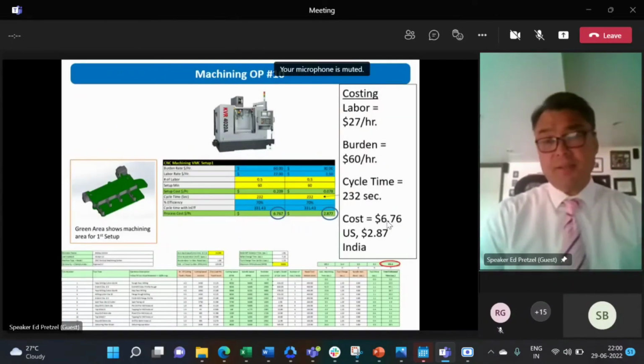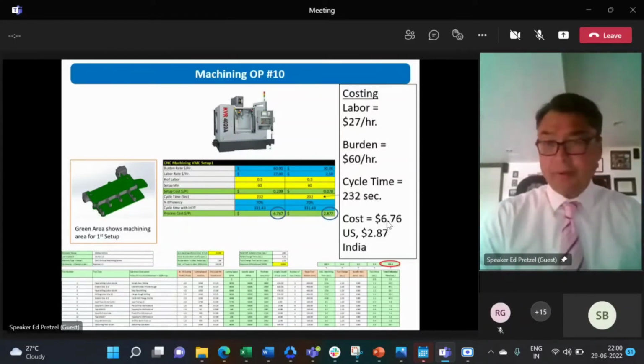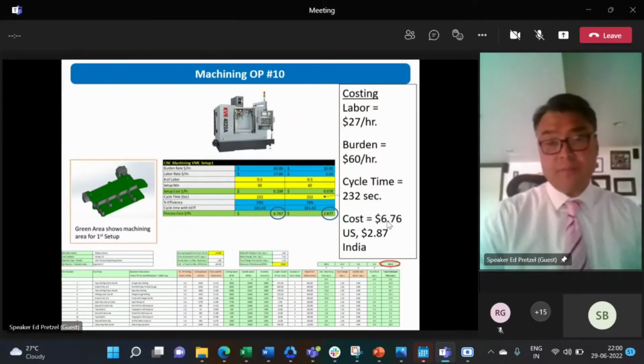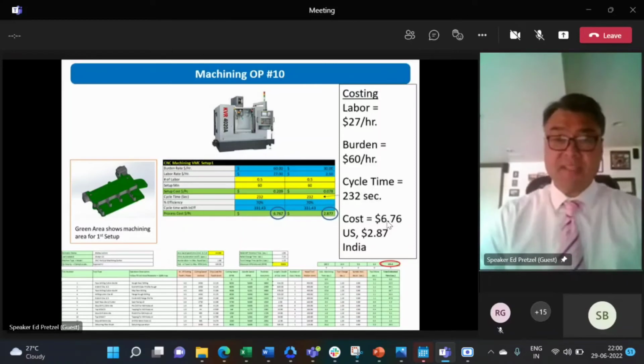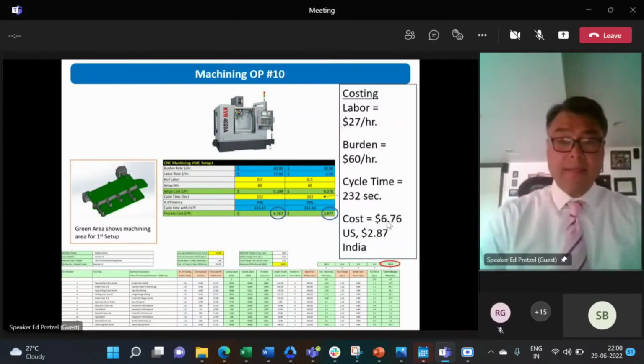Okay, let's actually cost an operation. We're going to cost op 10. So again, our labor rate's at 27. It used to be 24. Our burden to run these machines typically is going to be about $60 an hour. In the United States, you can see we're at about 30, or we are at 30 in India.